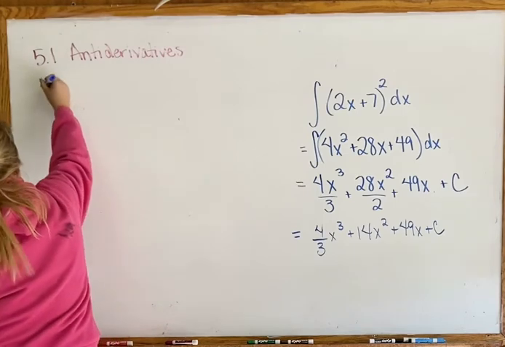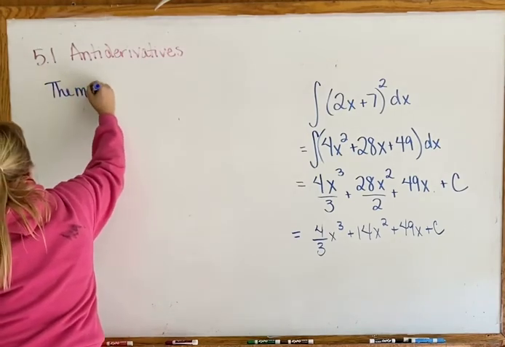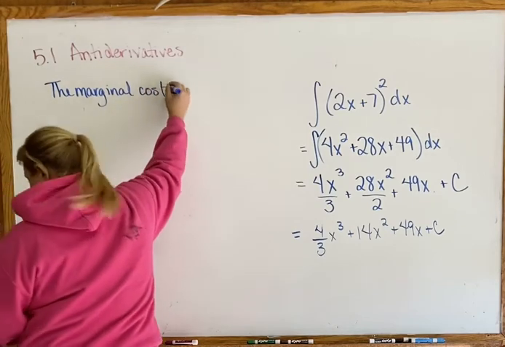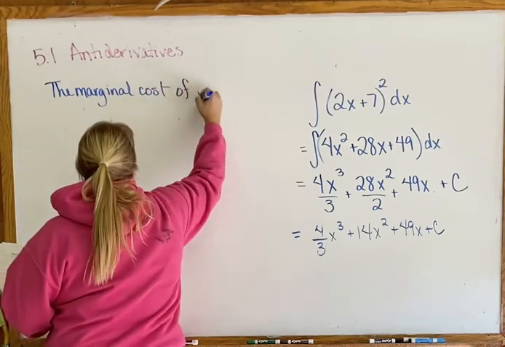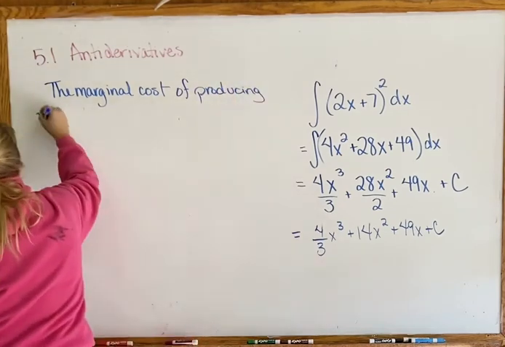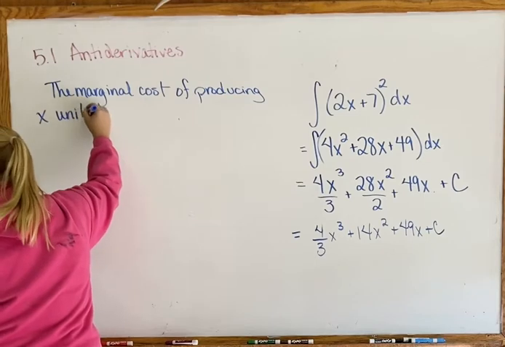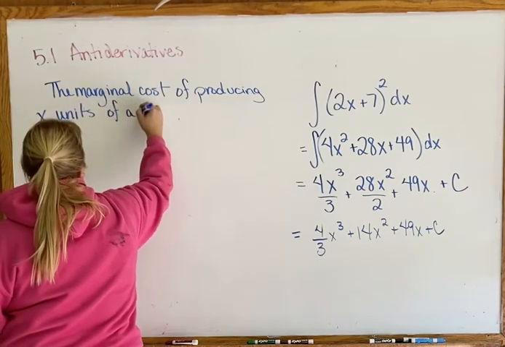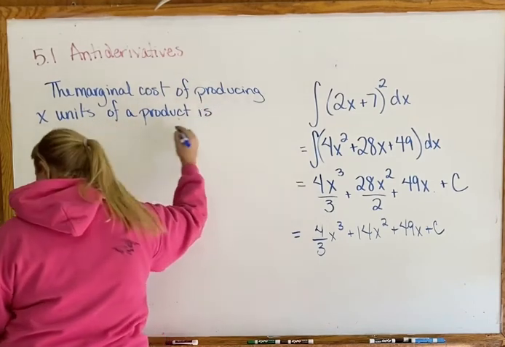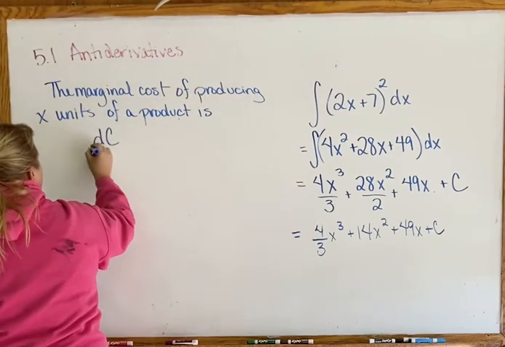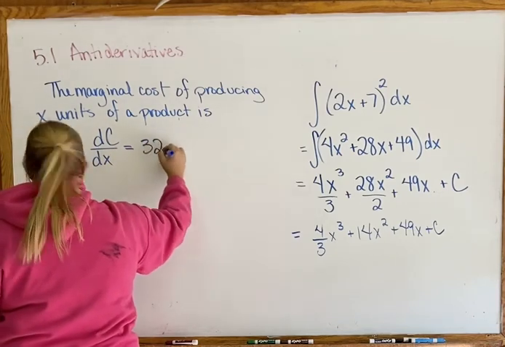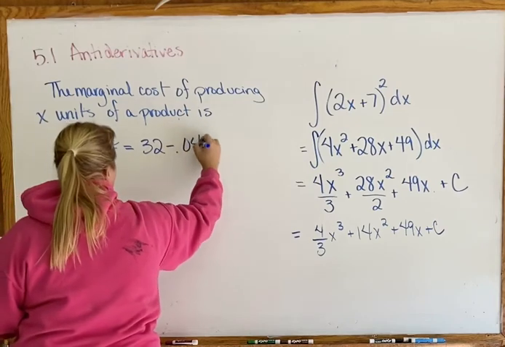Okay, so this says the marginal cost of producing x units of a product is dC/dx equals 32 minus 0.04x.